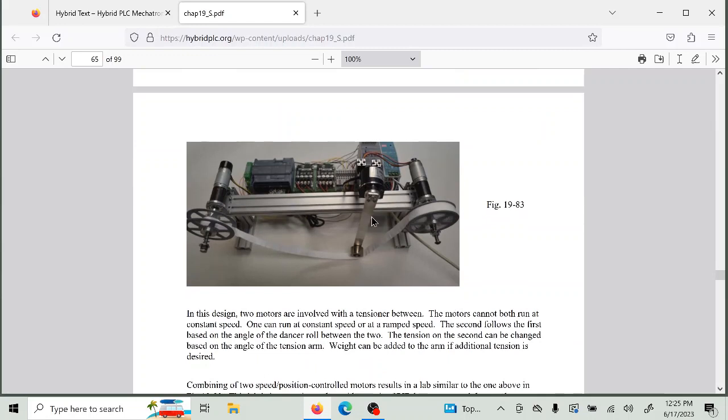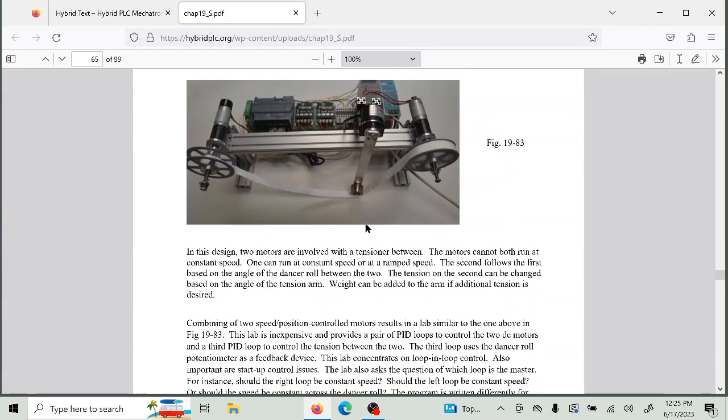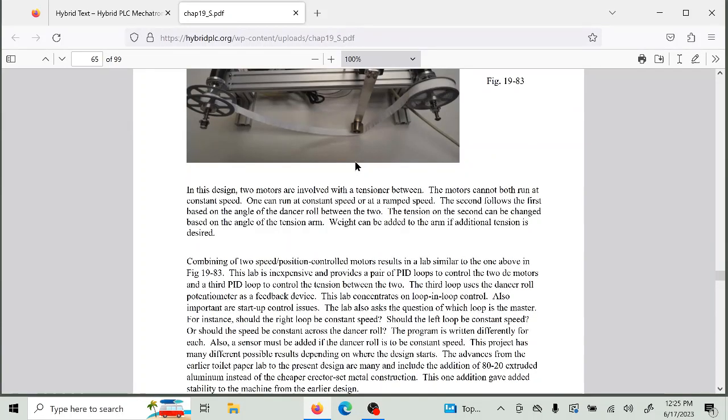And you can also put weights on this angled piece right here in order to make it more tense or less tense. And you can control it to a specific angle of the tension. So this would be two PID loops here and here, and a third PID loop here to control the tension. Various ways of doing that.